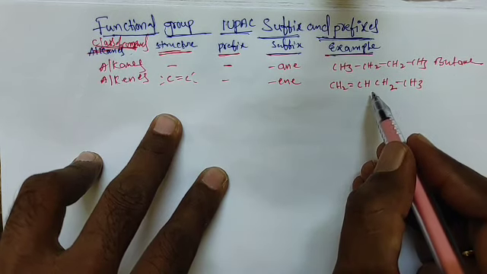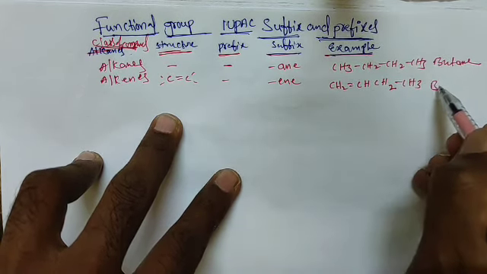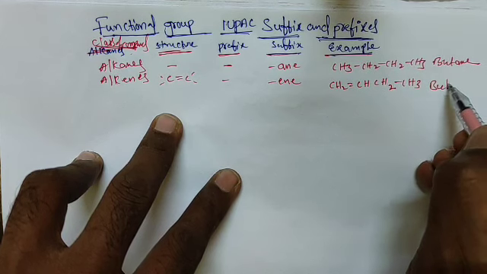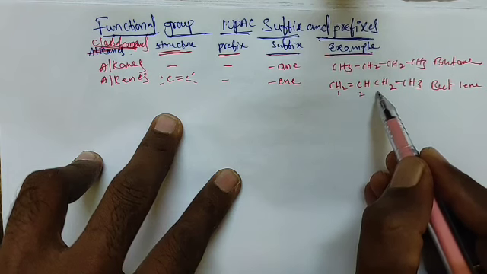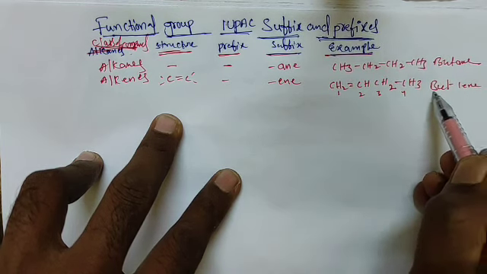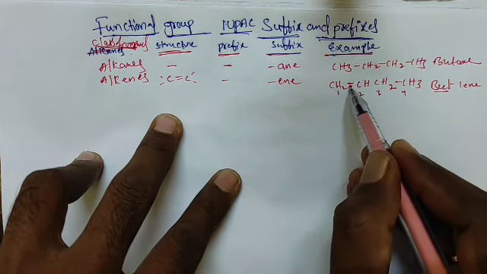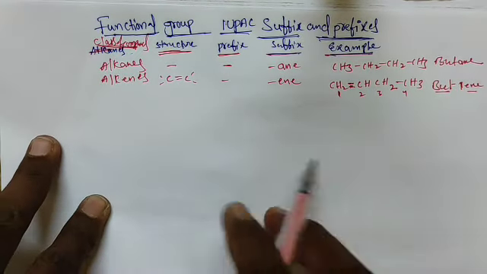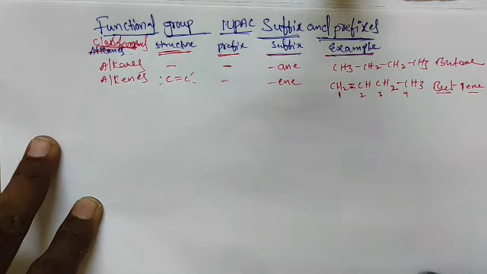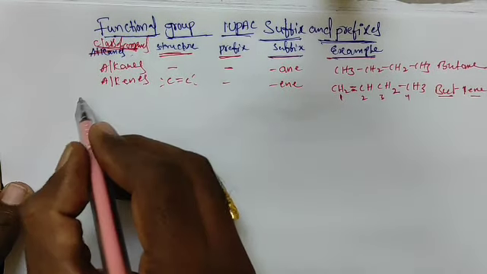The name is but-1-ene. Four carbons give but, and the double bond is at the first carbon, so 1-ene. This is the example and name of an alkene.